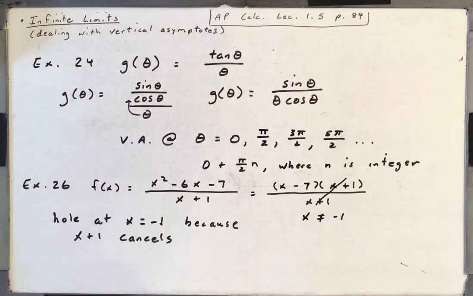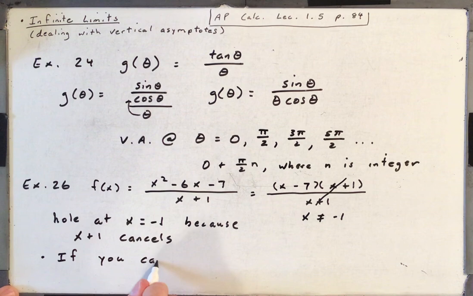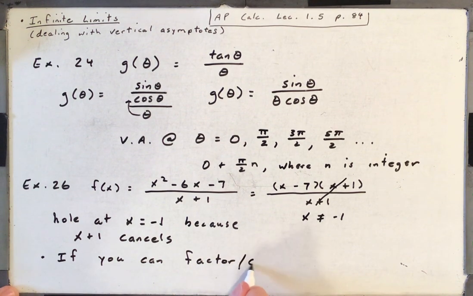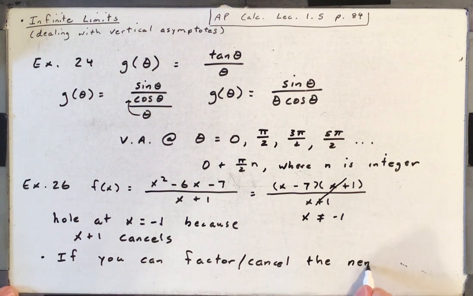Okay, so let's write that down as a note, so that you don't have to remember what I just said. If you can factor and cancel the denominator, it is a hole.